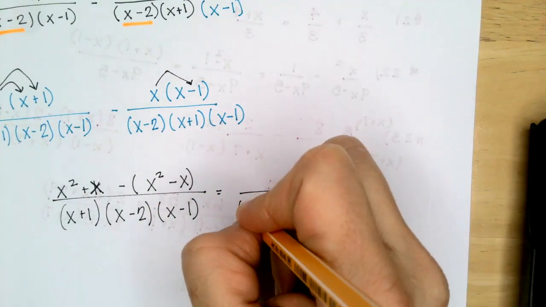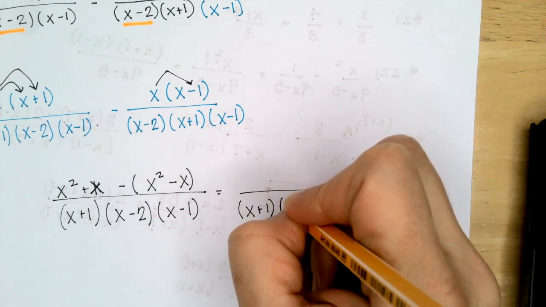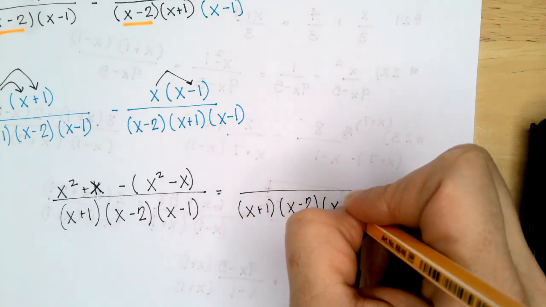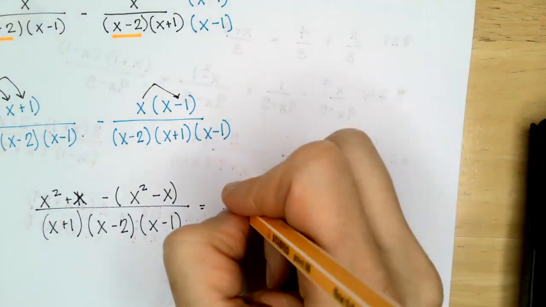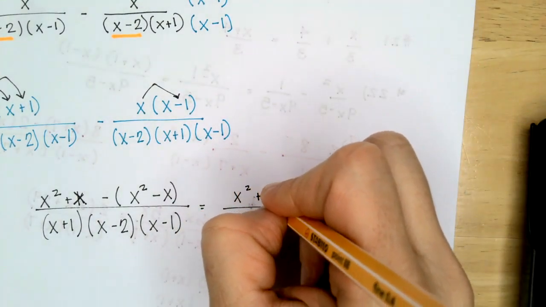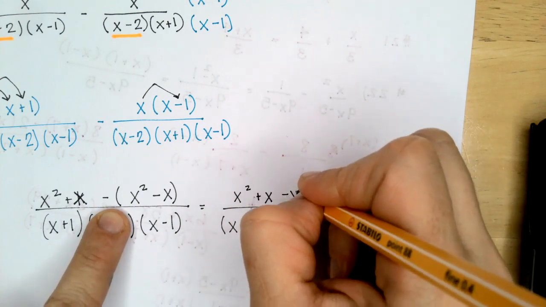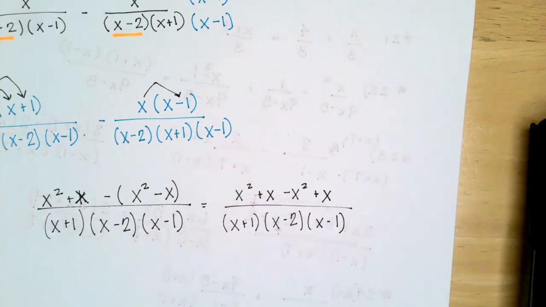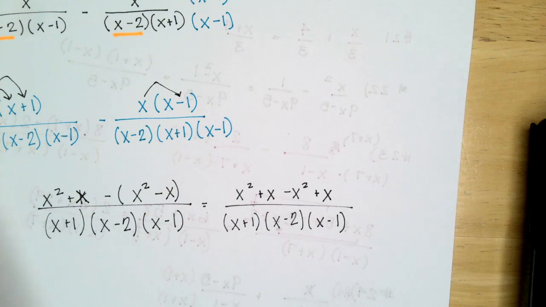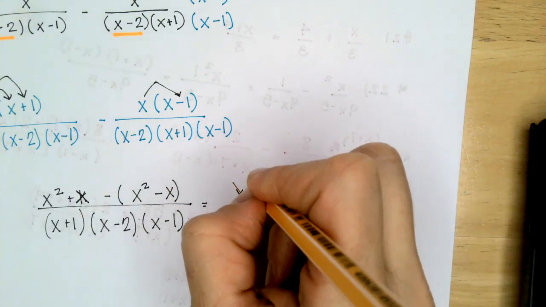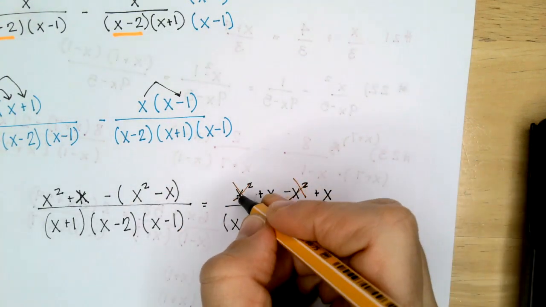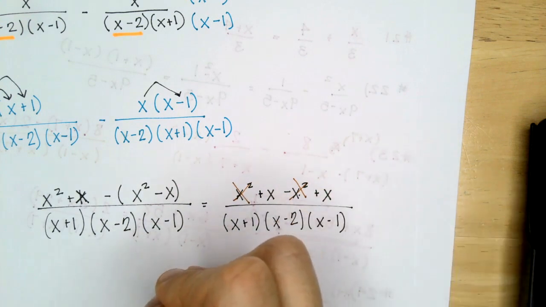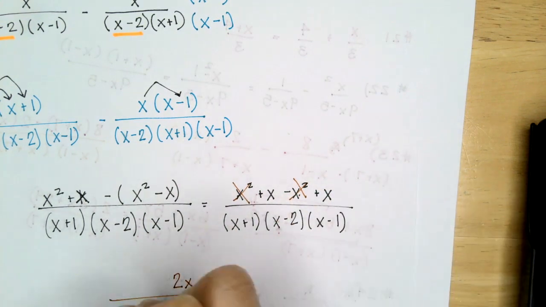Bottom stays the same: (x plus 1)(x minus 2)(x minus 1). x squared plus x, distribute that negative, minus x squared plus x. This and these cancel. x squared minus x squared cancels, and I just have 2x over (x plus 1)(x minus 2)(x minus 1).